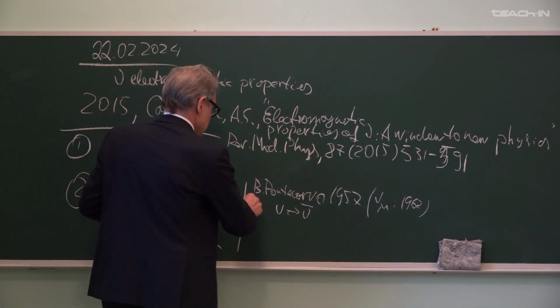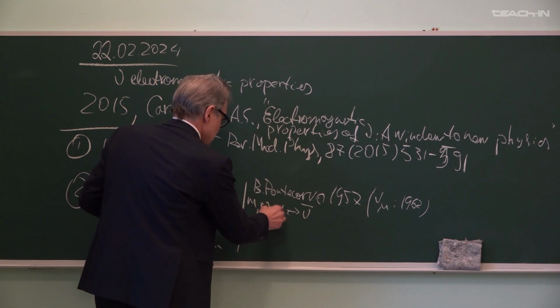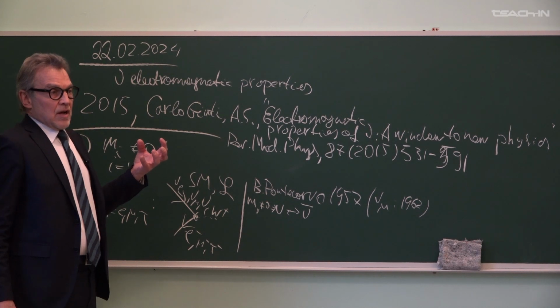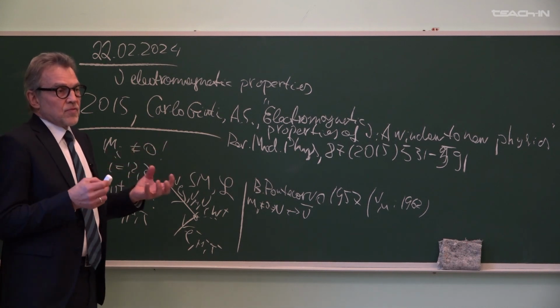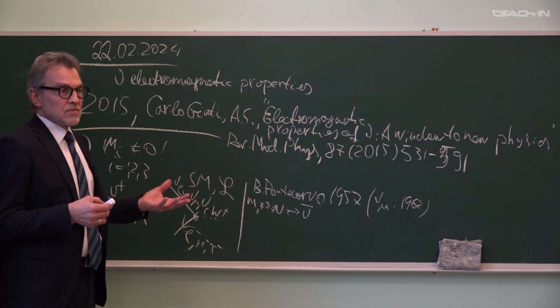And Pontecorvo made a statement that if the mass of neutrino is not zero, then neutrinos should be considered as a mixture or superposition of different types of neutrinos and antineutrinos. That was his first claim.